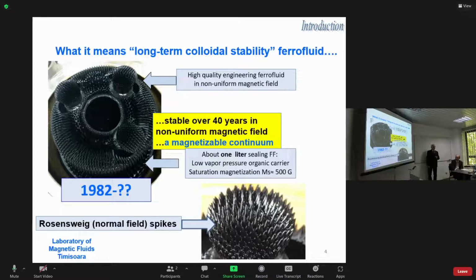The magnetic colloid, the ferrofluid, was put on a big magnet, approximately 1 liter of the ferrofluid, enough strongly magnetized, and it has been on the magnet for 40 years already. And it doesn't show any behavior which would give you the signal that there is sedimentation. So it's a perfect magnetizable continuum.